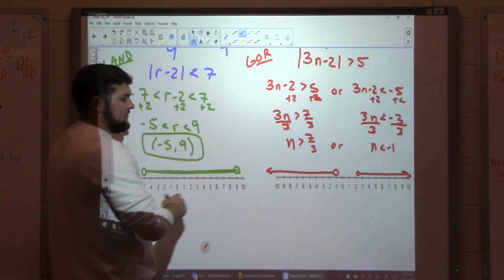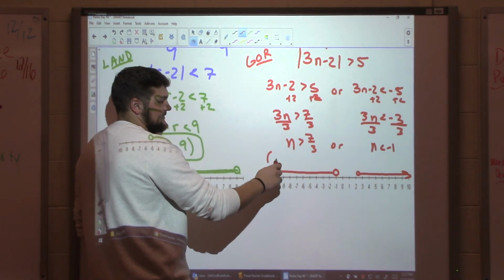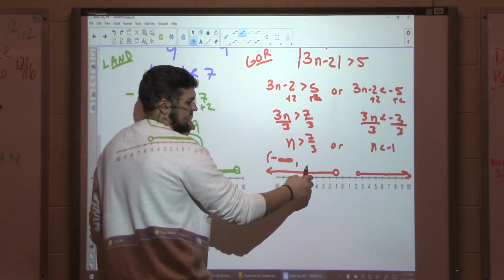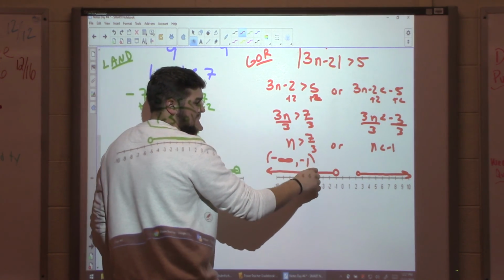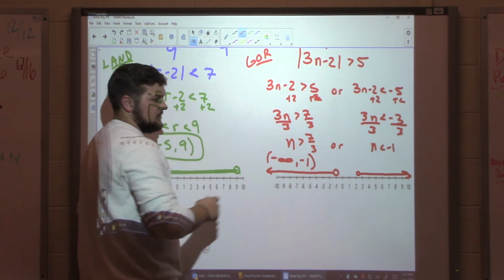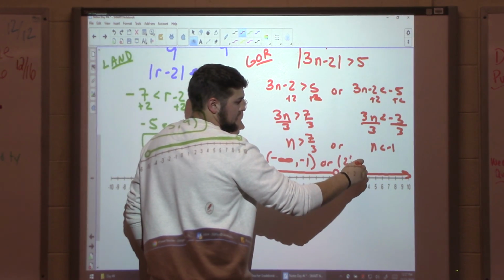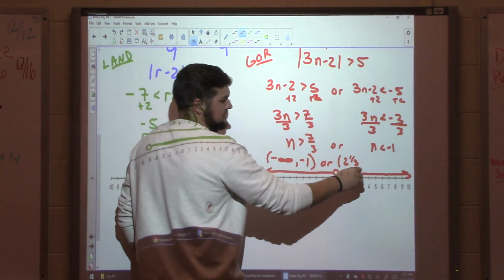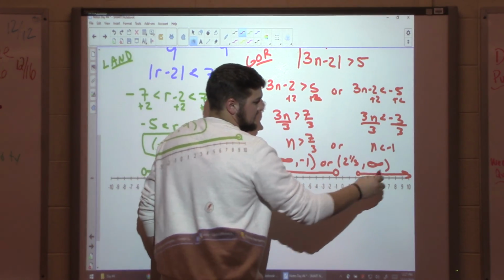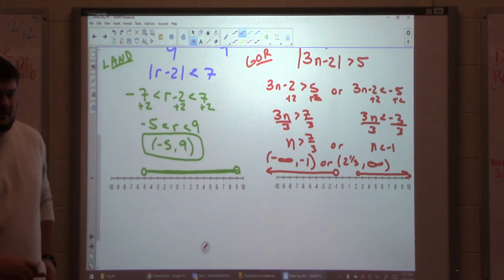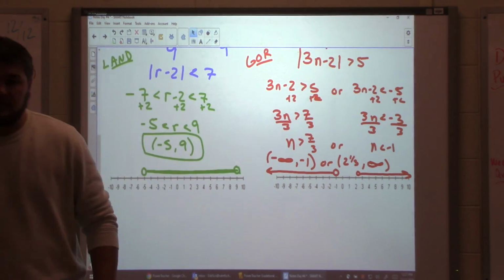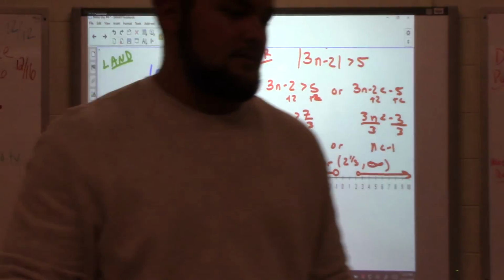My interval notation for this, the smallest it will ever be is negative infinity to negative 1, and I'm not including it, so it's a parenthesis. Or 7/3, which is 2 1/3, to positive infinity. Whew, just made it. All right.